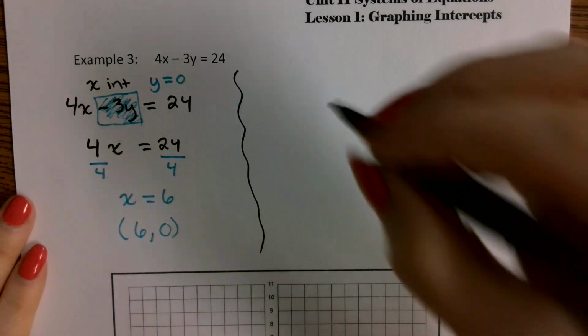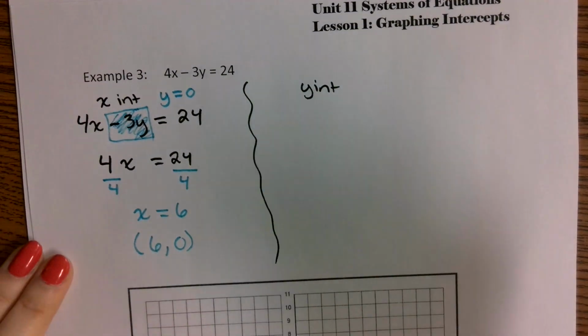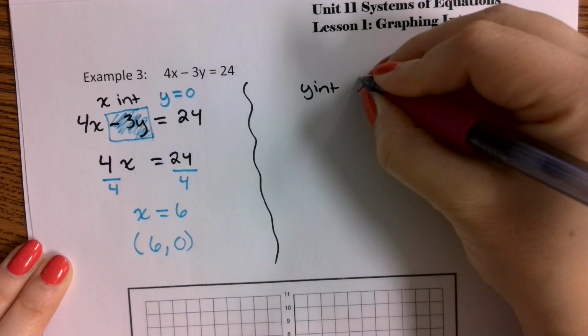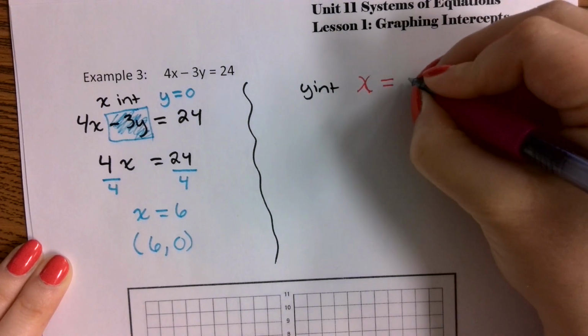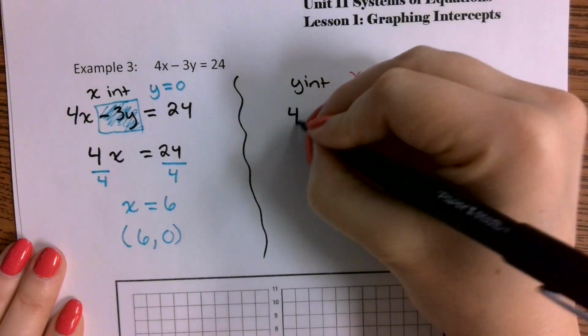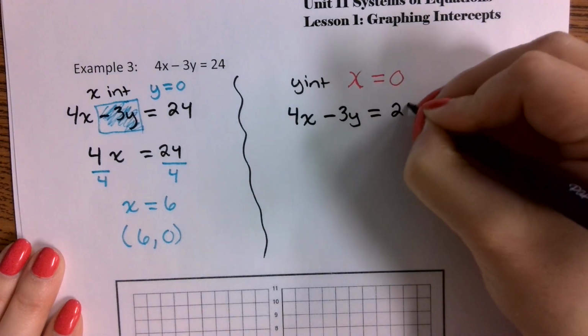Same thing for your y-intercept. Just as simple. With the y-intercept, that's when x is equal to 0. So we have 4x minus 3y is equal to 24.